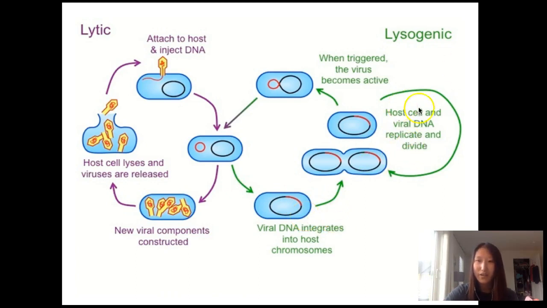And then the host cell and viral DNA replicate and divide. Eventually, when there's a certain environmental trigger that tells the virus, okay, this is the time to go, the virus will allow its own DNA to come apart from the original genome of the cell, and then enter back into the lytic cycle and do the transcription, translation, DNA replication, assembly of the new viruses, and the lysis process to allow the viruses to come out.